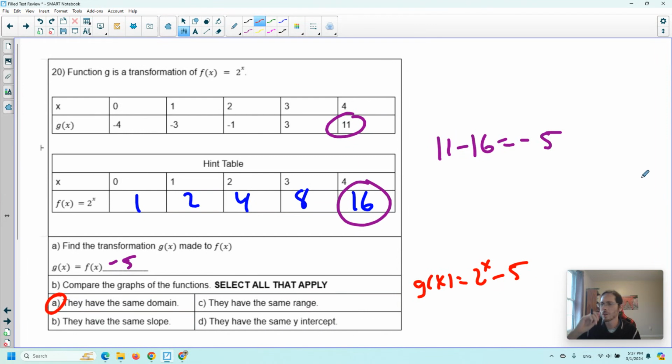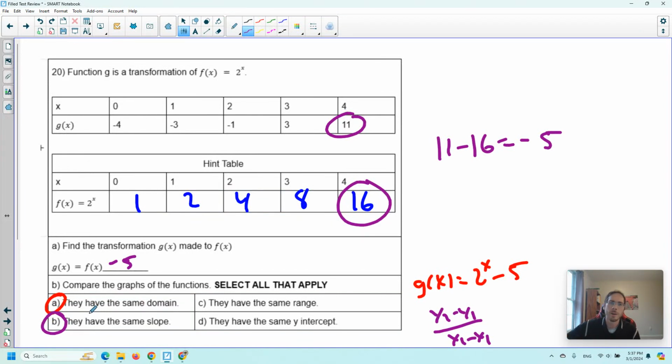So yeah, because if we were to do the slope formula, y2 minus y1 over x2 minus x1, we can tell the x's are the same, so I just have to check. 2 minus 1 is 1, -3 minus -4 is 1. 16 minus 8 is 8, 11 minus 3 is 8. So yeah, the slopes actually are the same. That's kind of a weird one.